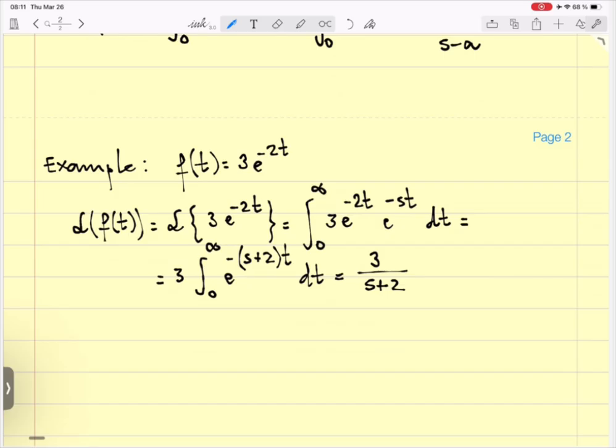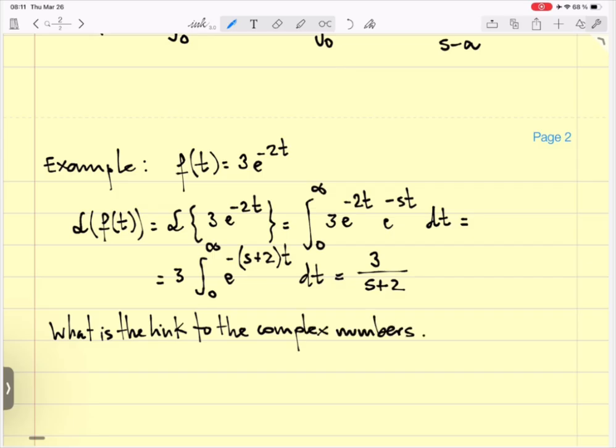So what is the link to the complex numbers? Slowly all these lectures are joining together.